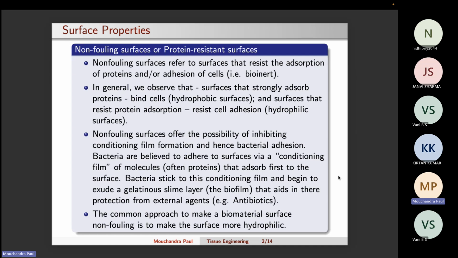Under surface property, depending on what type of surface the biomaterial has, we can make a separate class of biomaterials as non-fouling materials. Non-fouling means those surfaces on which no addition of cell or protein is possible. These materials have a bio-inert characteristic.